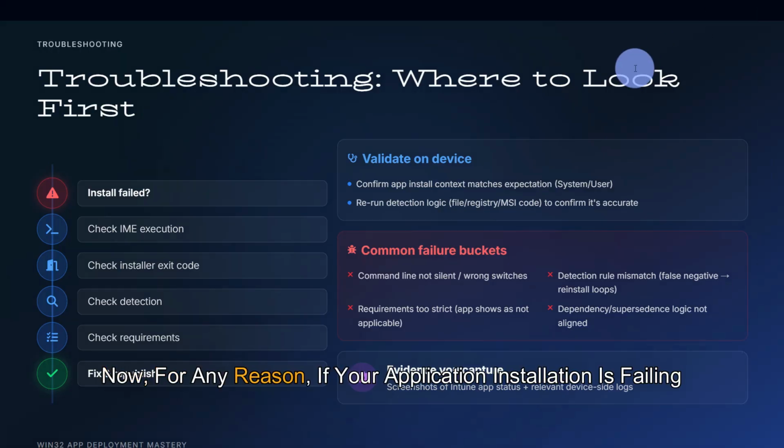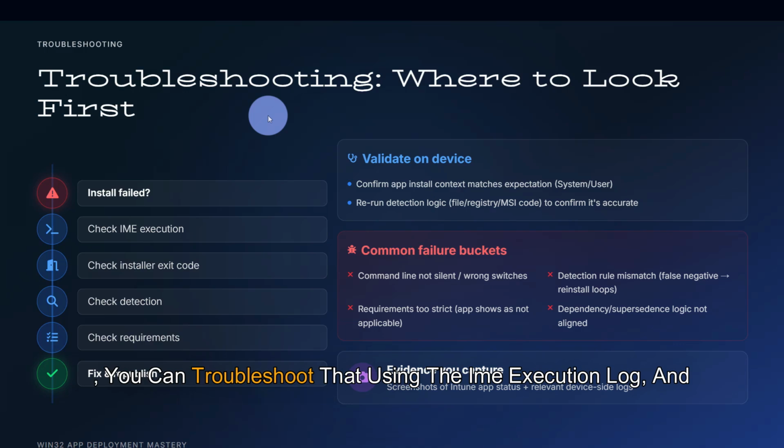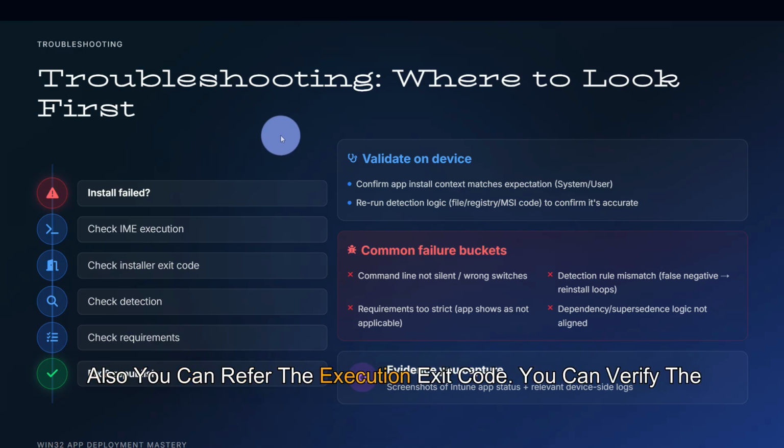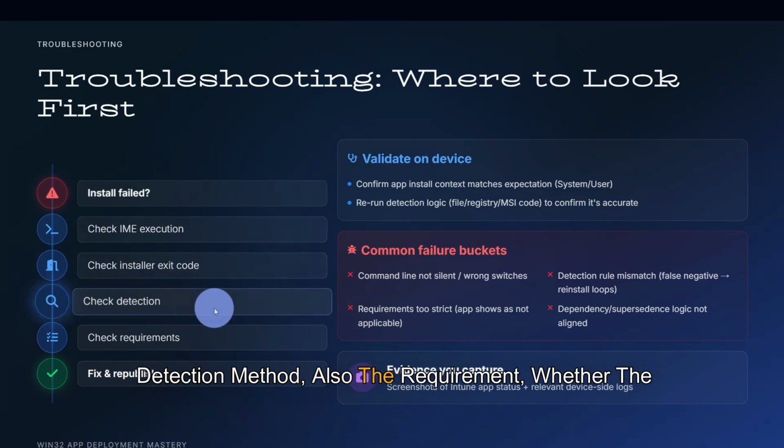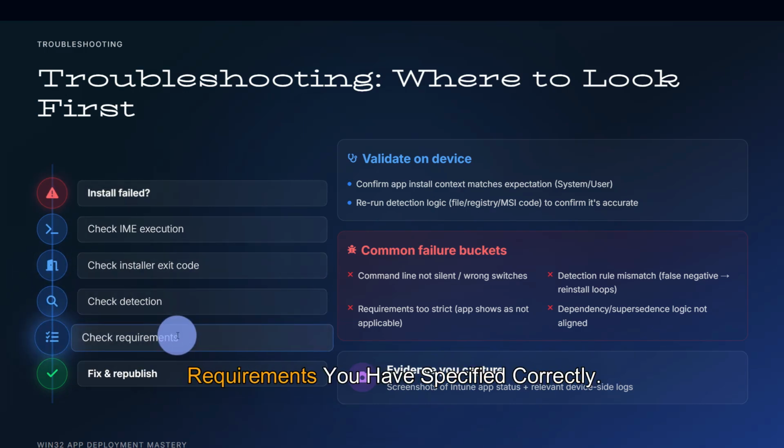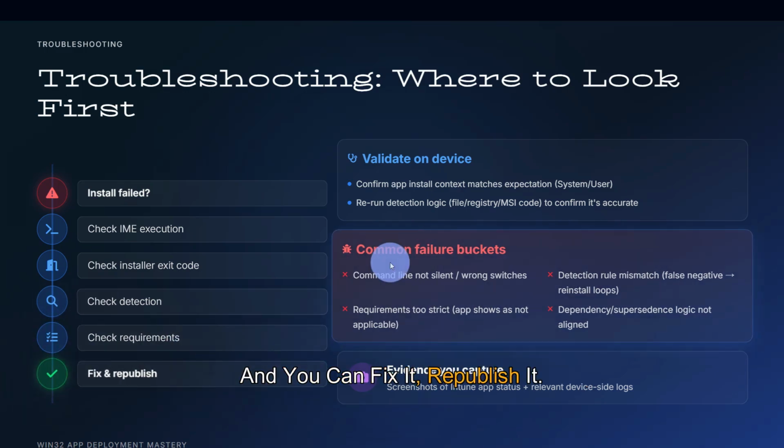Now, for any reason, if your application installation is failing, you can troubleshoot that using the IME execution log, and also you can refer to the execution exit code. You can verify the detection method, and also the requirements, whether the requirements you have specified are correct, and you can fix it and republish it.